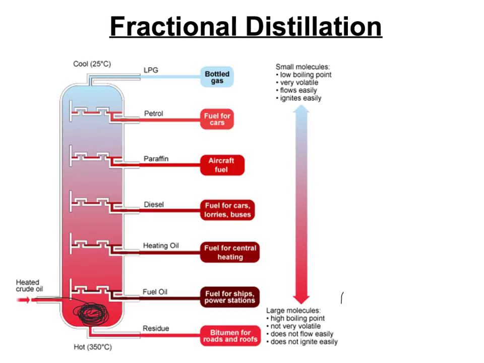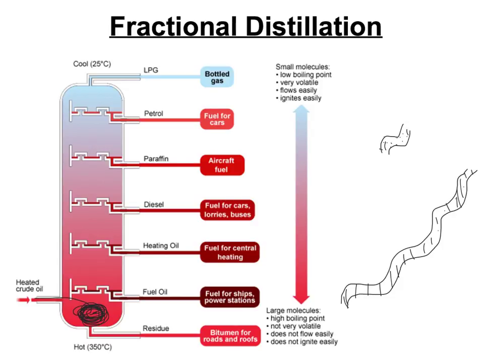Now, if we look at the long chain ones, between them there are things called intermolecular forces that keep individual molecules together and stop them from floating off into a gas. The long chain molecules have many of these. The short chain molecules only have a few.